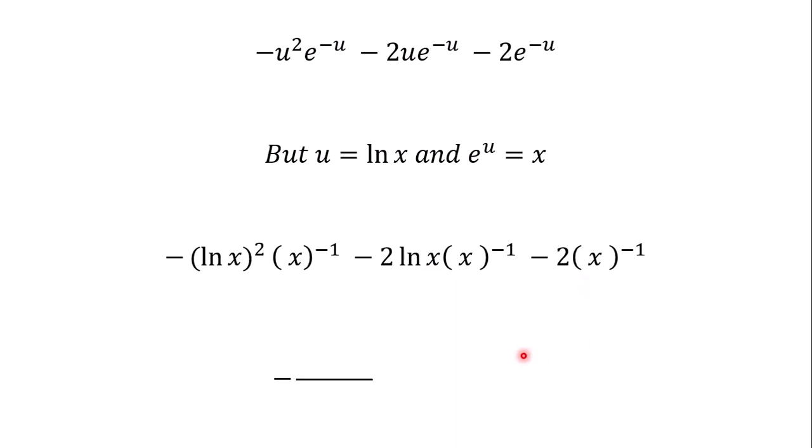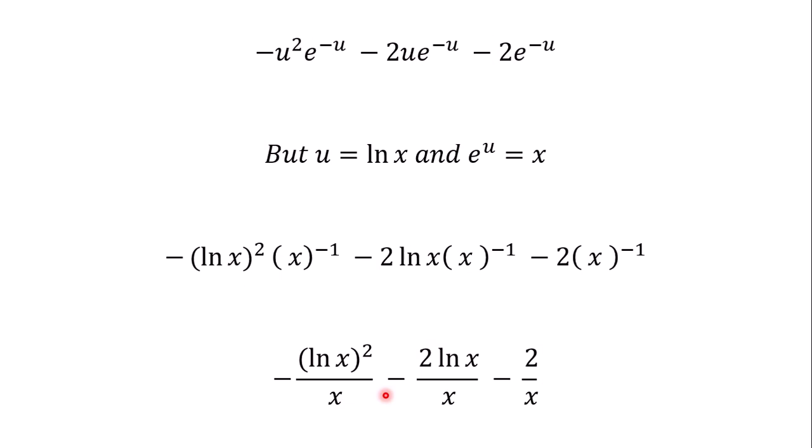Okay, here is a like fraction. This and that are all having the same denominator, which is what? x. So it's a like fraction.